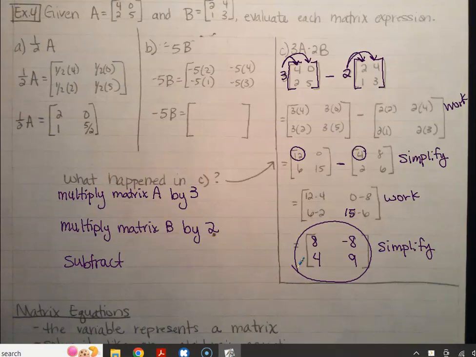So I know it seems like a lot of steps, but again, in this case, matrices are a shortcut to solving systems. So each of these is a system, right? This is 2 separate equations. So you just multiplied 2 equations, or like the system, by 3. You multiplied another system by 2.